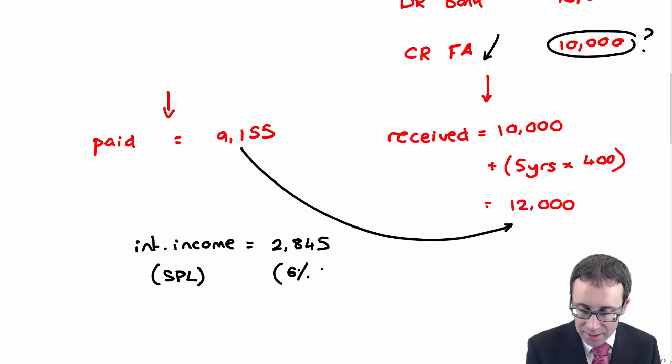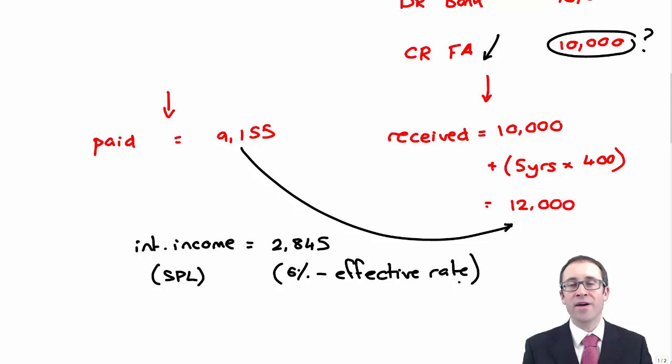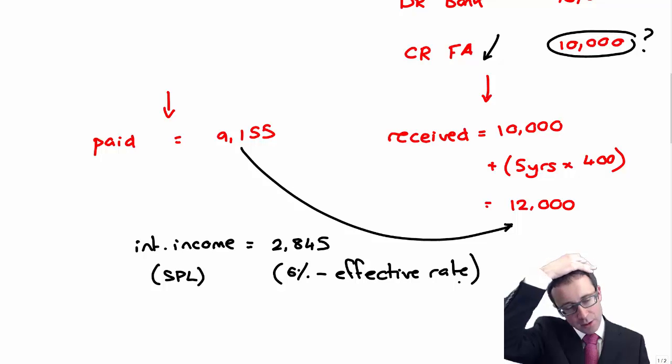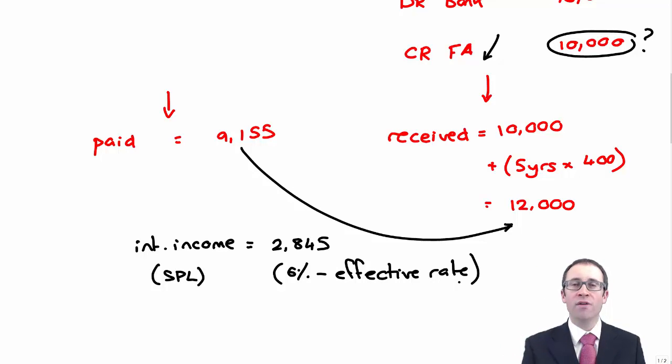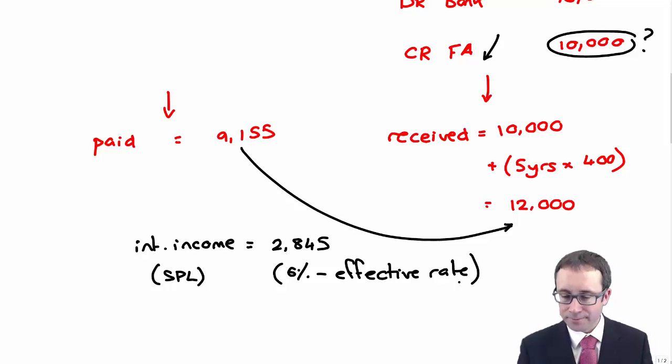So we use that 6%, which is referred to as your effective rate. And that effective rate is always going to be higher than the coupon rate because you will redeem the bond at a higher amount than what you paid. Okay, so it's all about spreading the 2,845 over the 5 years based upon that 6%.